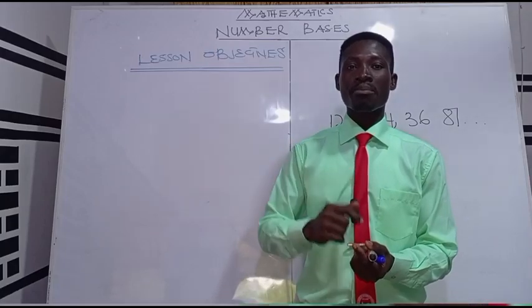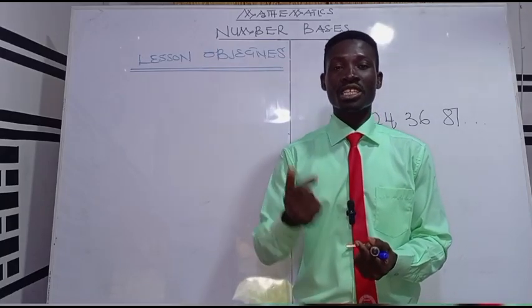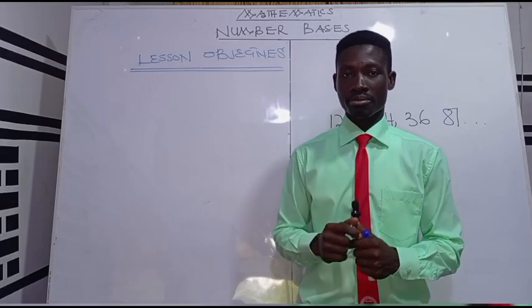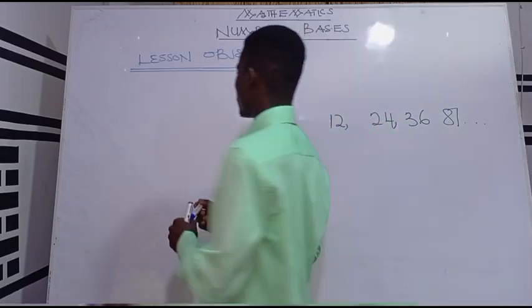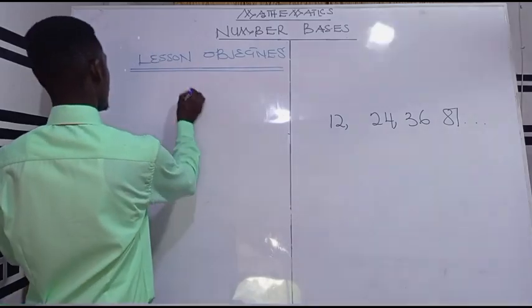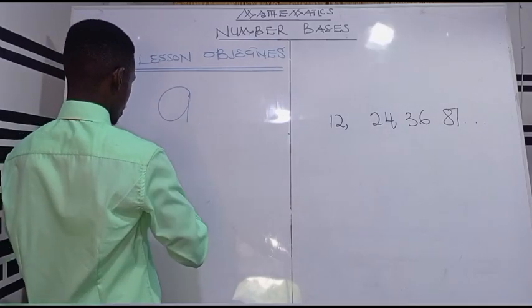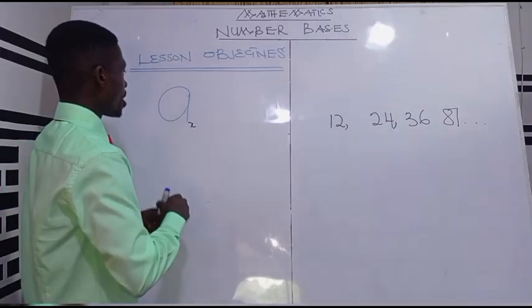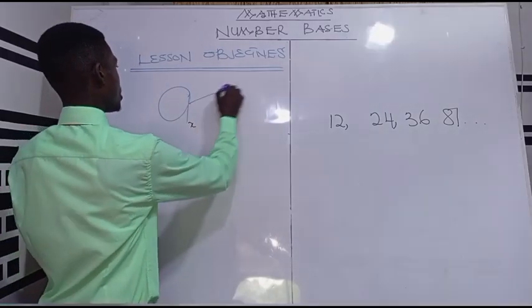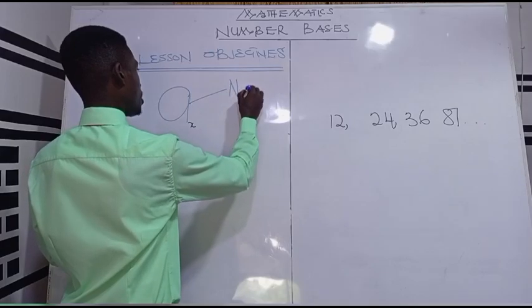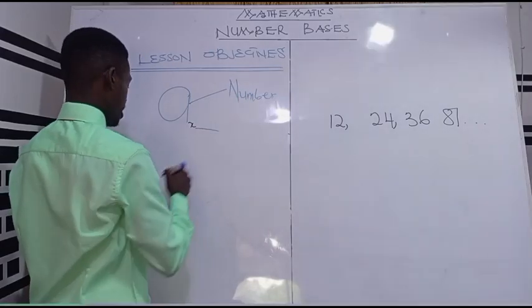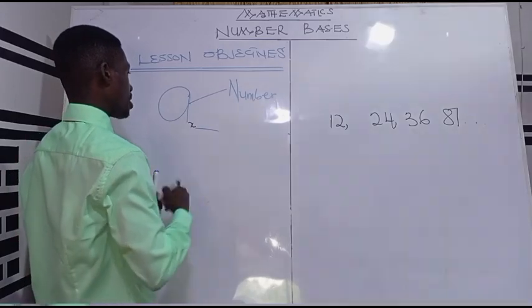When the base of a number is attached to the number itself, it is written as a subscript to the number. So let's say that you have a subscript x. Now a is the number and x is called the base of the number.